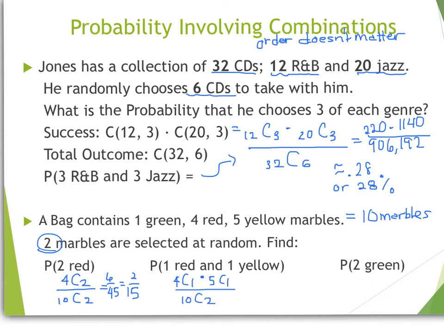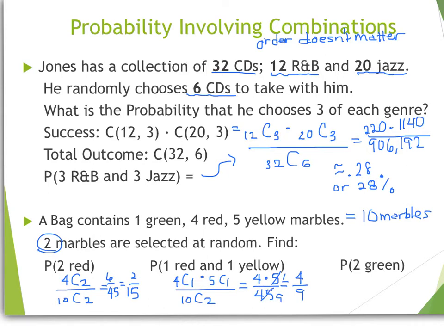That's our total sample space that we're choosing from. So when we work that out, 4 choose 1 really turns into just 4. 5 choose 1 is going to turn into just 5 over the 45 that we had before. And that reduces to 4/9, since 5 goes into 45 9 times.